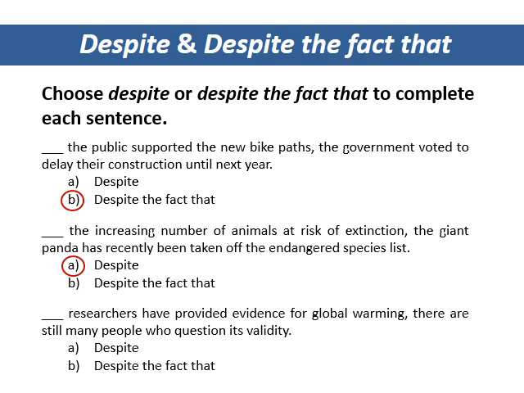Despite the increasing number of animals at risk of extinction, the giant panda has recently been taken off the endangered species list. Despite the fact that researchers have provided evidence for global warming, there are still many people who question its validity.